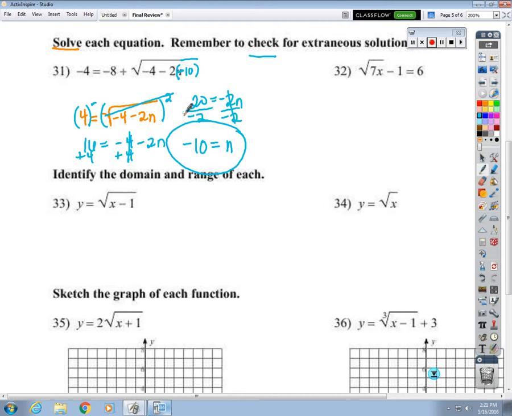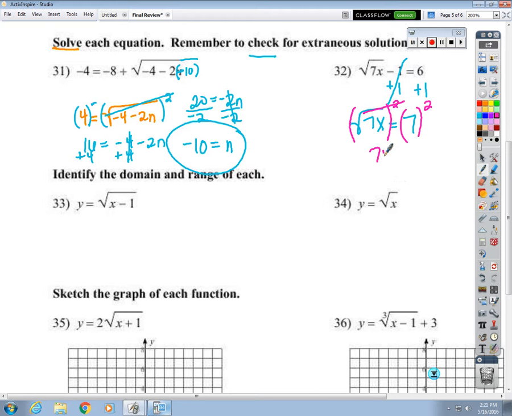Okay, so number 32, what are we going to do first? Add 1, because remember, you always remove everything from the side of the square root first. So now we have the square root of 7x equals 7. Now that the square root is the only thing over there, what do we do? Get rid of the square root by squaring it and square this side.